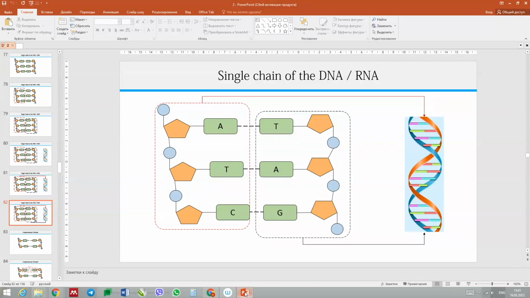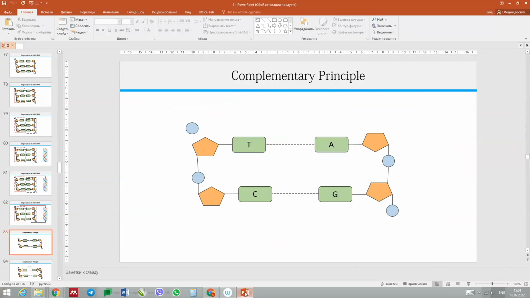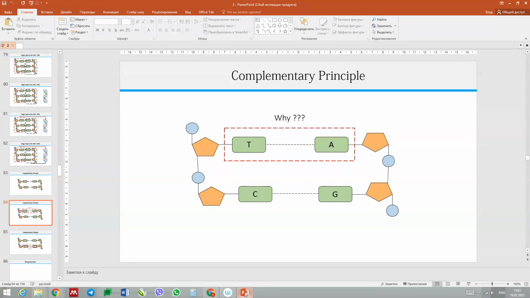And if this is clear, I would like to highlight another very intriguing question. You see that thymine nitrogenous base is connected here with adenine nitrogenous base. And the question is why?